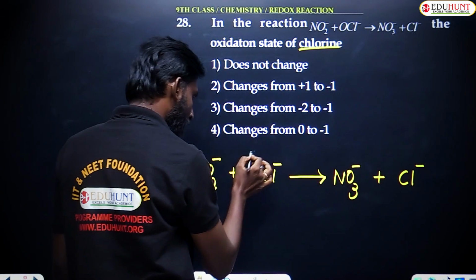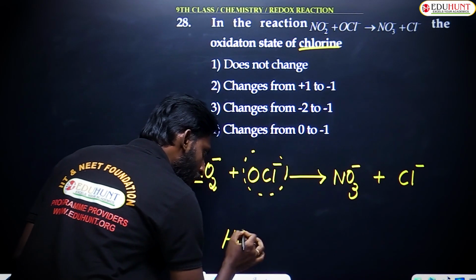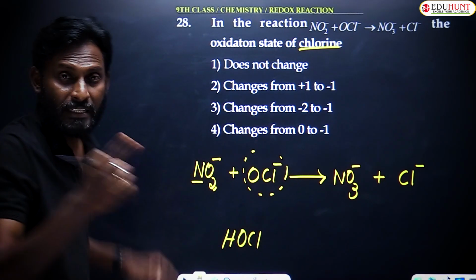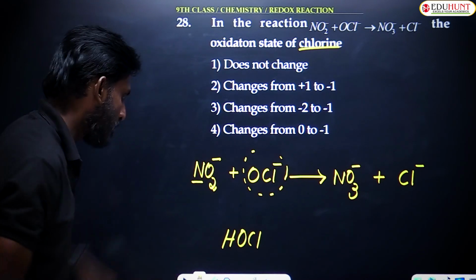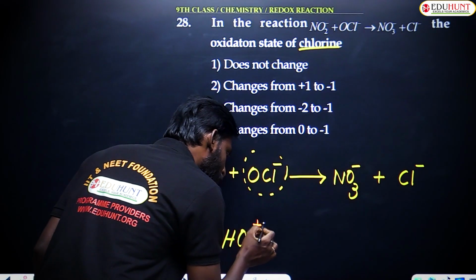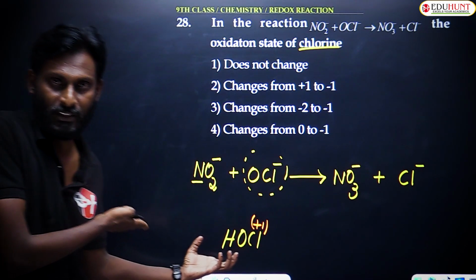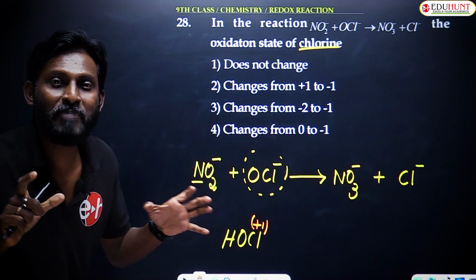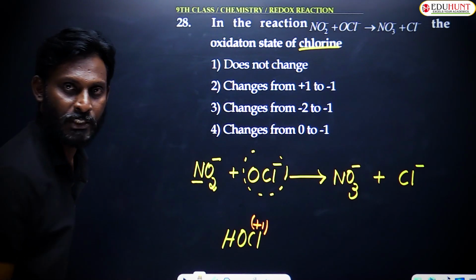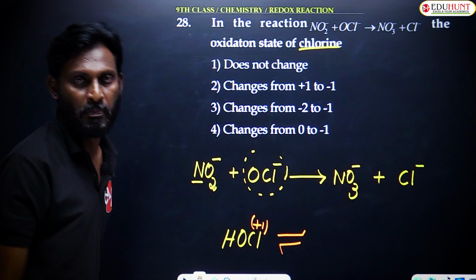So just now I determined the oxidation state of chlorine. In the 27th question, I determined the oxidation state of chlorine in this hypochlorous acid as +1, right? Now listen carefully. When this hypochlorous acid releases H plus, what happens?